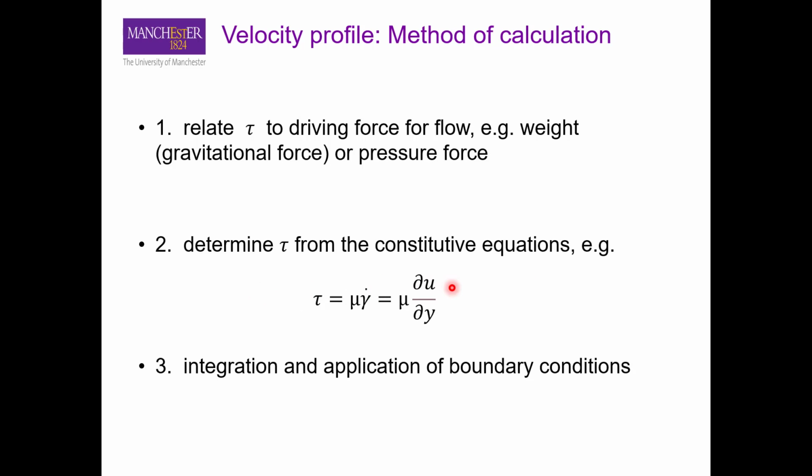It can be a simple equation like this Newton's law of viscosity, or it can be more complicated equations that relate tau with velocity gradient. And number three is that we are going to perform integration, and then we are going to apply the boundary conditions to find the constant of integration. Okay, so let's look into that.